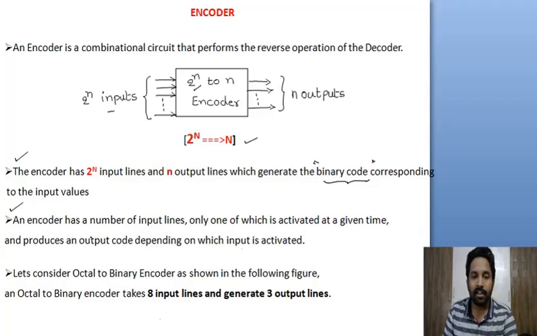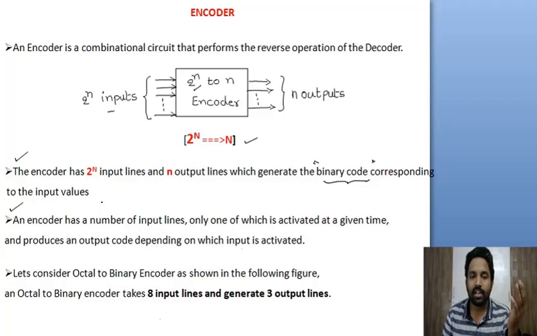Next, an encoder has a number of input lines, only one of which is activated at a given time, and produces an output depending on which input is activated. So this is the second important point in this encoder.